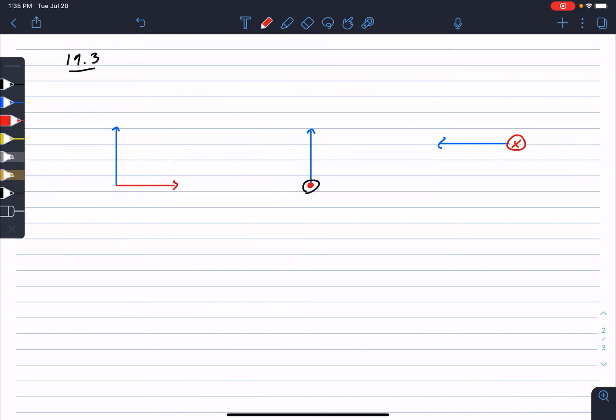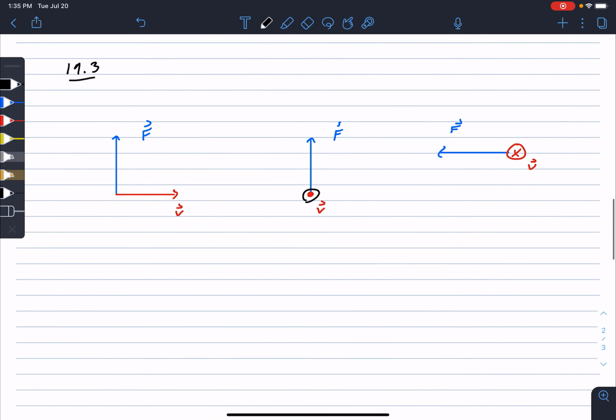So that's V, V, V, F, F, F. And what it's asking us is to find the direction of the magnetic field. Find the direction of B.